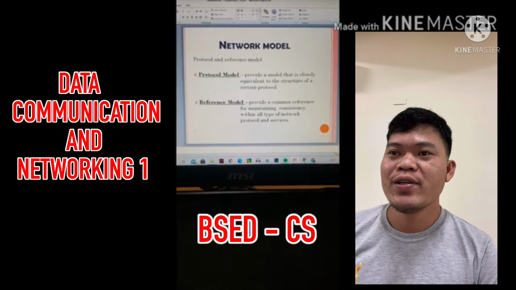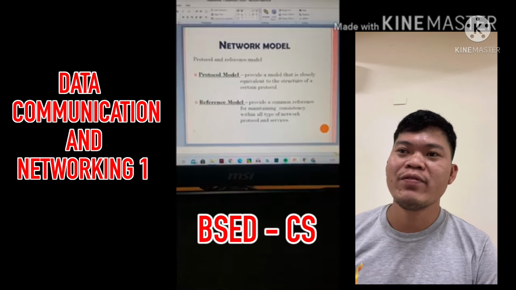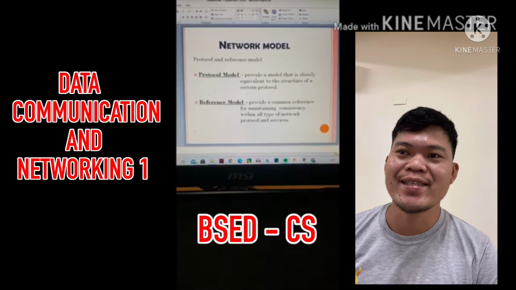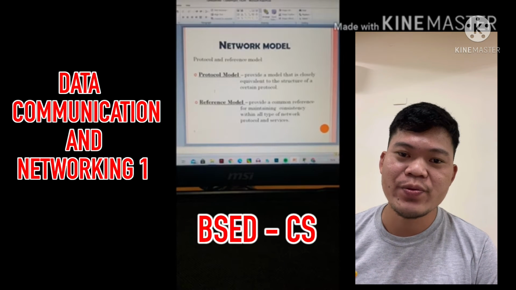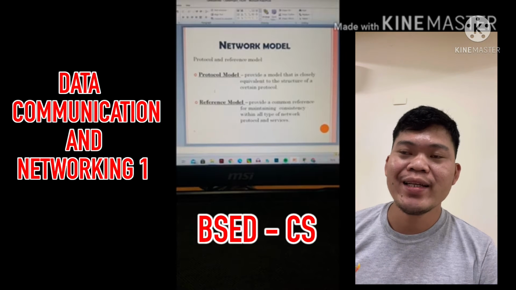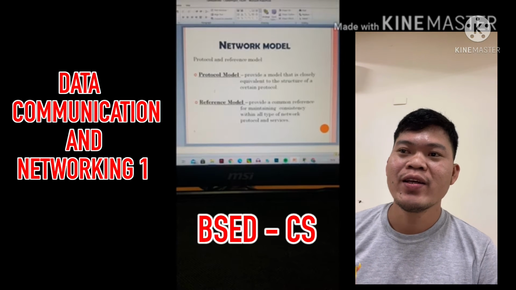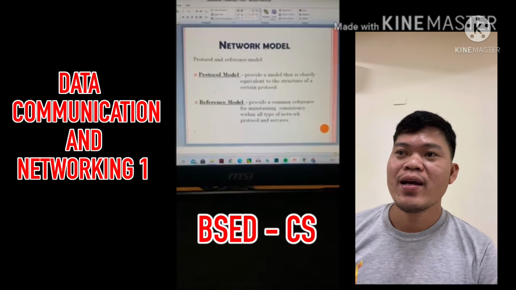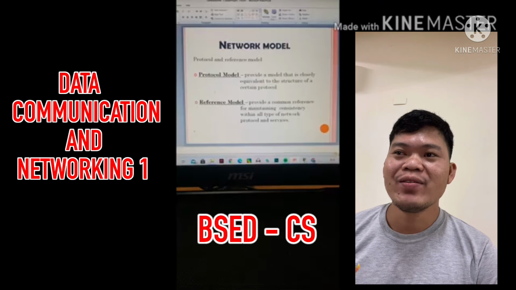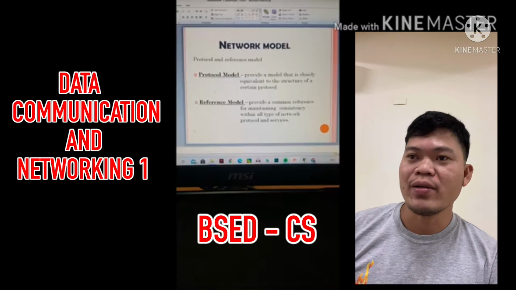Then we have the reference model, which provides a common reference for maintaining consistency within all types of network protocols and services.